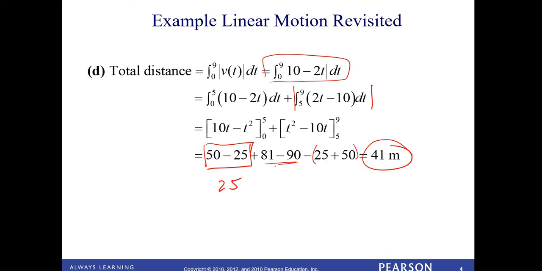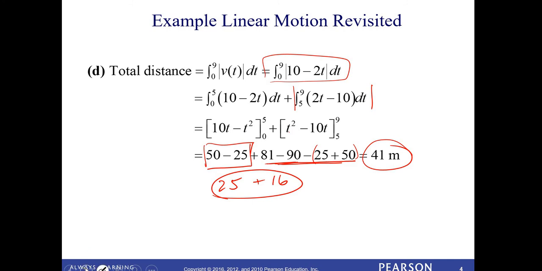So they changed the sign there. All of this, 81 minus 90, minus 25 plus 50, it does give us a positive value. And I'm not sure why, but we do end up with 41. I'm going to need to look at that a little more closely, and let's talk about this in class.